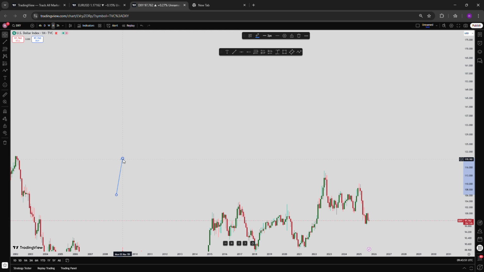Why is this thing stressing me today? Higher high, higher low, higher high, higher low, higher highs, and higher lows. So this is basically an uptrend. And how is this an uptrend? Because it has higher highs, higher lows, higher highs, higher lows, right?